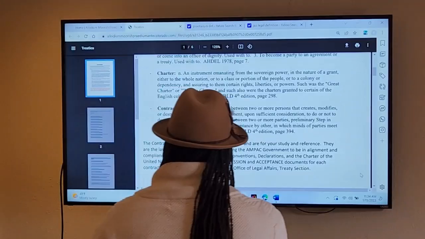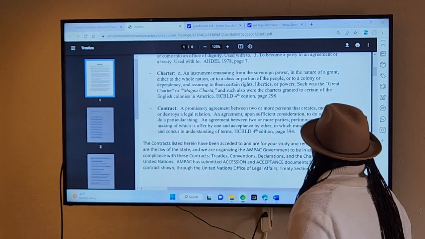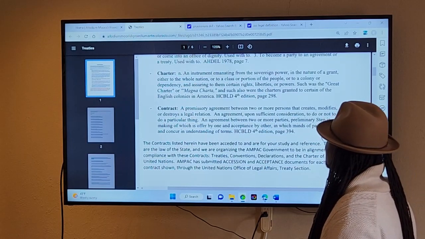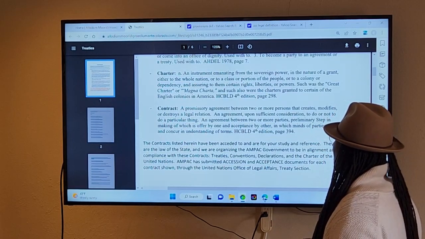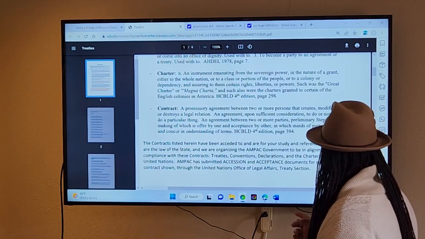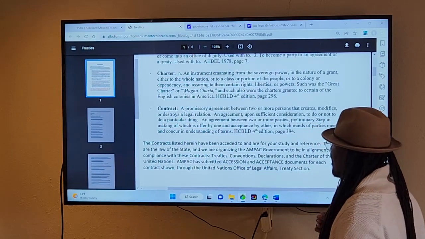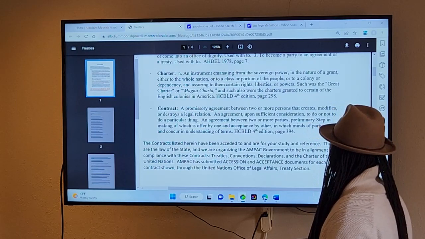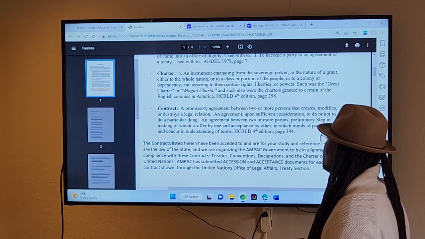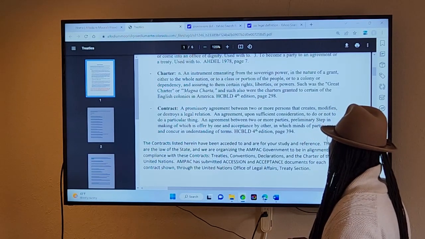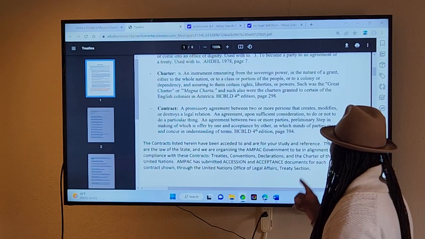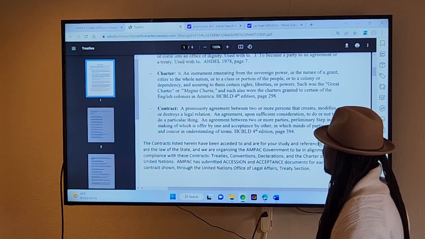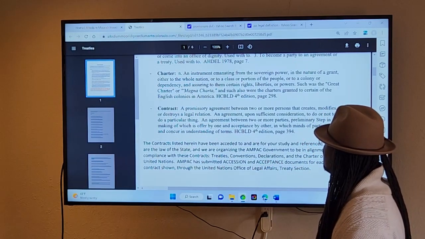Pause there. Contract. A promissory agreement between two or more persons that creates, modifies, or destroys a legal relation. An agreement upon sufficient consideration to do or not to do a particular thing. An agreement between two or more parties, preliminary step in making of which is offered by one and acceptance by the other, in which minds of parties meet and concur, which is agree, in understanding of terms.